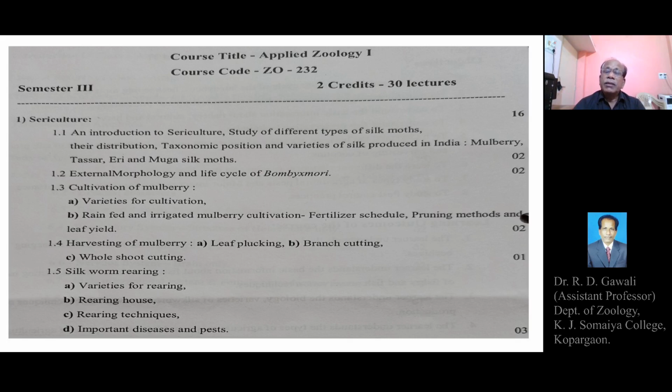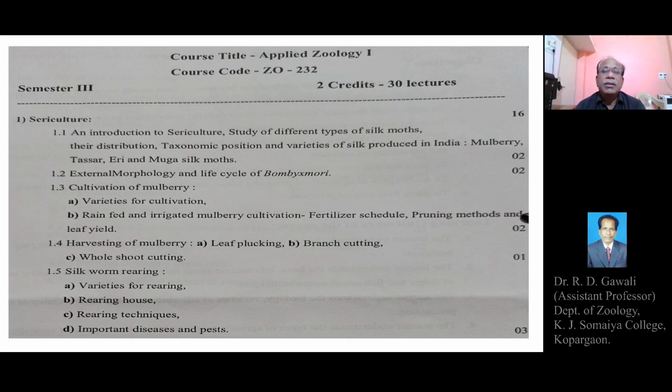But in the leaf plucking method, we can selectively harvest the type of mulberry leaves we want. In the branch cutting method, less manpower or labor is required, but we cut the entire plant, and no material for planting will remain due to the branch cutting method.